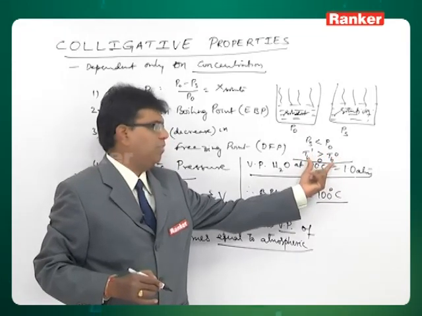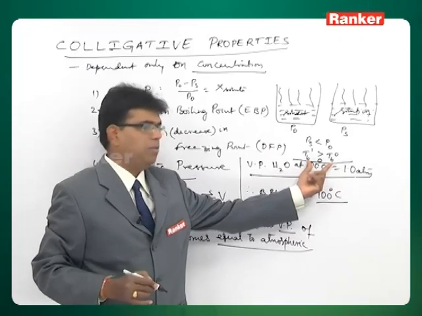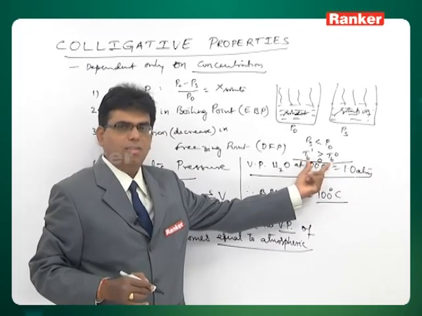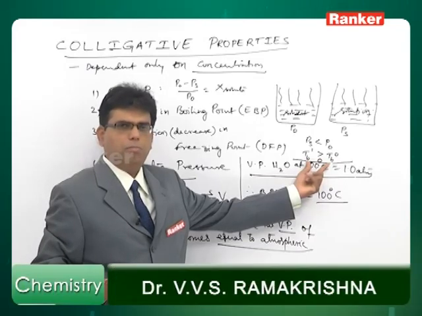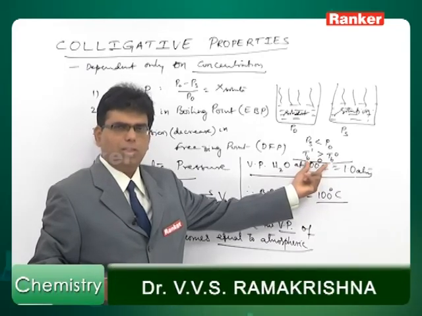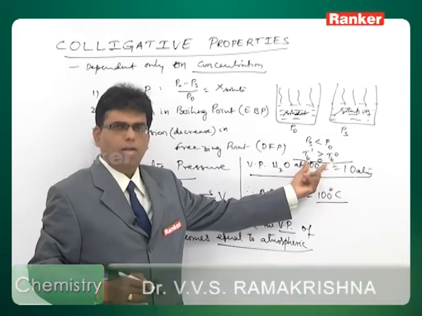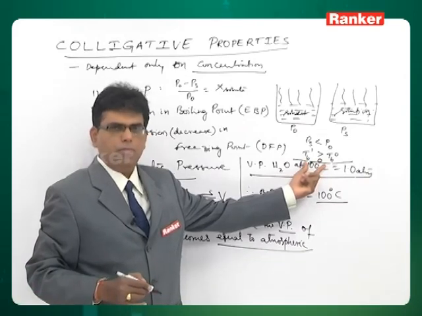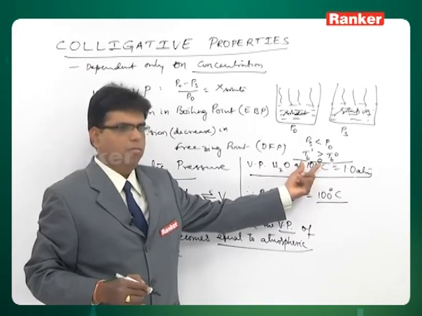This difference, Tb dash minus Tb naught, that increase in temperature, is what we call elevation in boiling point. How does this elevation in boiling point relate to the concentration? Now we discuss.